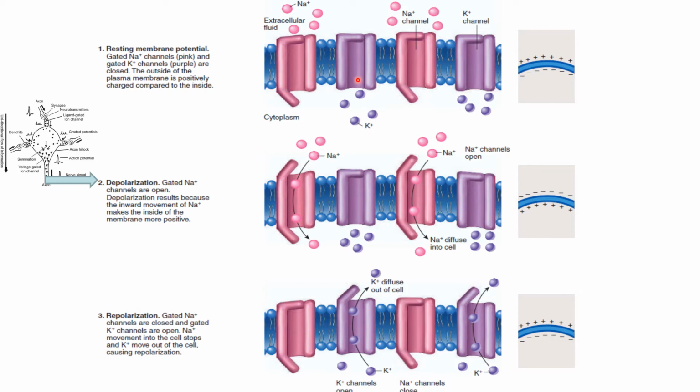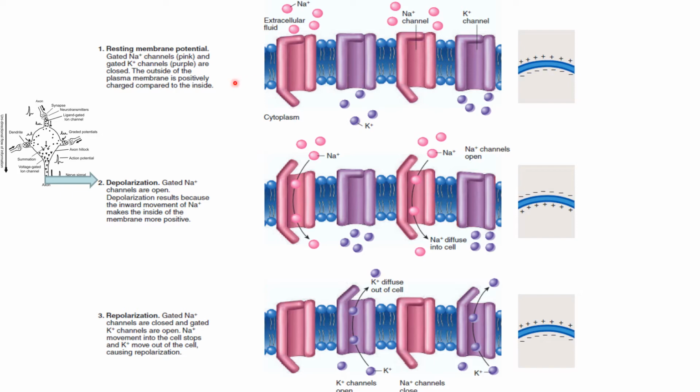We have to make one thing clear: the dendrites have channels of any type. They could be mechanically gated, voltage gated, or chemically gated channels. It depends on the stimulus the dendrites are receiving. But in the axon there are only voltage channels: sodium voltage channels and potassium voltage channels.